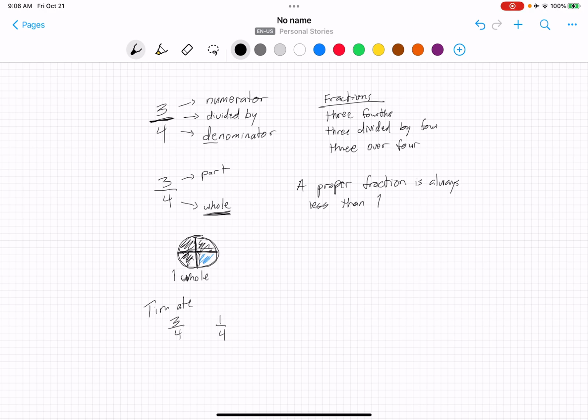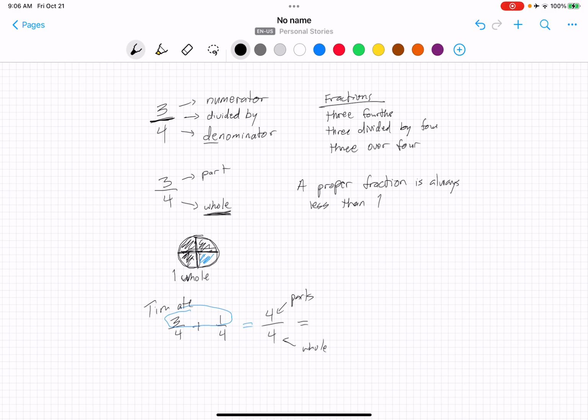Later on, as we look into addition, what we'll see is that if we add these pieces together, they will then equal the entire cookie. So there are 4 pieces in total, 4 little parts, and the whole cookie had 4 parts in total. That was the whole thing. So we know that 4 divided by 4 represents 1.